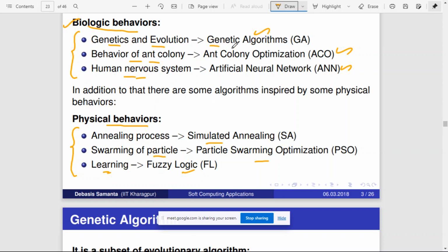So we'll be discussing genetic algorithms in detail. I'll give a brief overview of all these things. Ant colony optimization: you might have seen how ants move. If they find food at one place, they all move in some orderly pattern. That doesn't mean somebody is giving them commands.